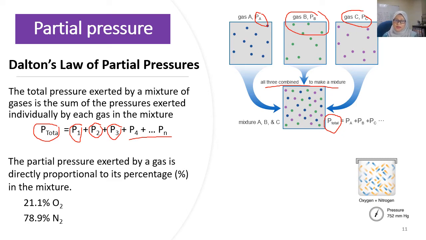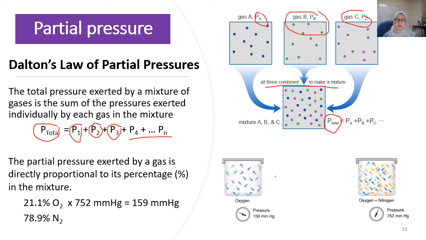So let us calculate. 21.1% times the total pressure, which is 752 mmHg, is equal to 159 mmHg. So the partial pressure of oxygen in this mixture is 159 mmHg.